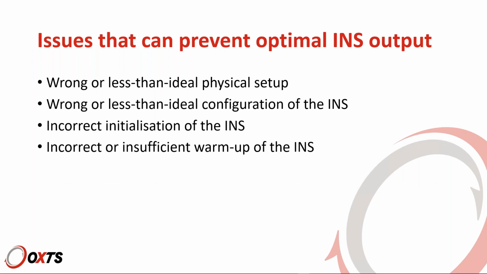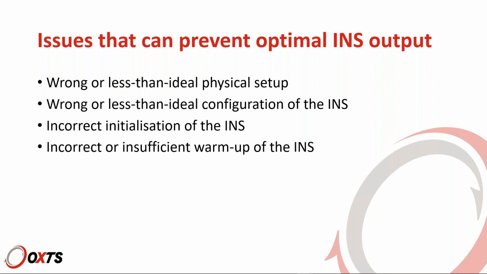Issues that can prevent you from getting optimal output. As you can see in this list, I did not include the environment. Arguably, in this context, the environment will be the main obstacle probably. But the reason it's not in this list is that we cannot change it. It is what it is, and we only have to cope with it as best as we can. And in order to do that, there are a number of steps that we can complete.